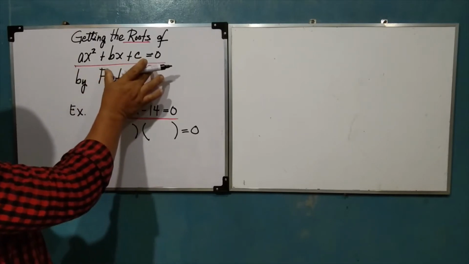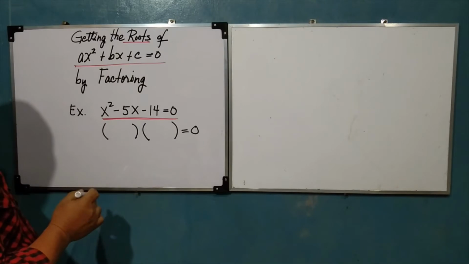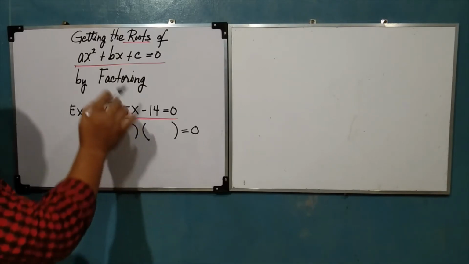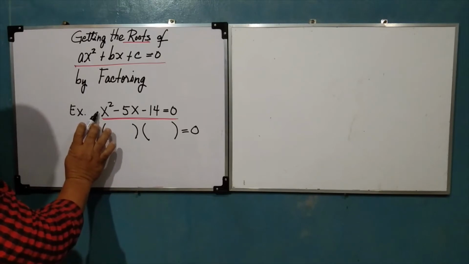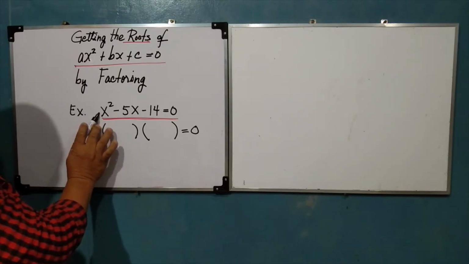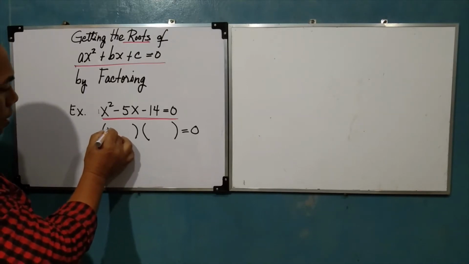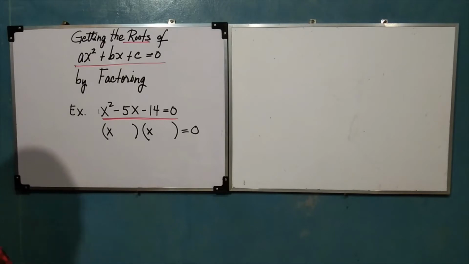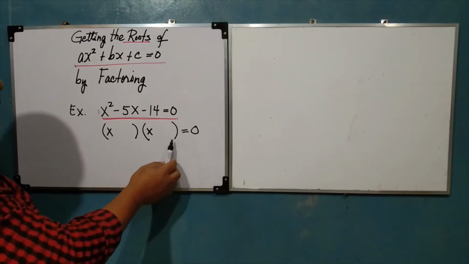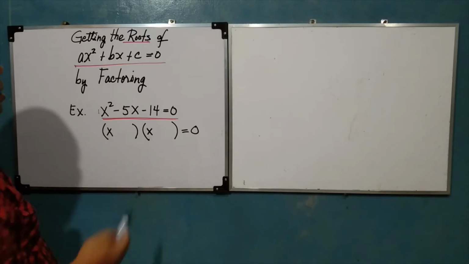So this is no longer a quadratic equation, but this will become a linear equation. Okay. When a is equal to, for this example, it is understood it is equal to 1. So you simply write the first terms of the binomial factors, x, x.